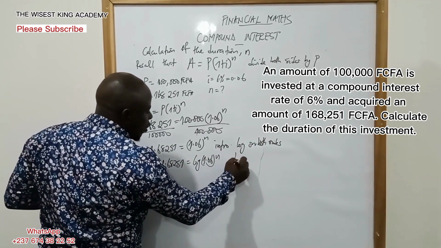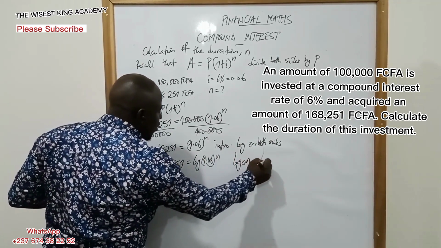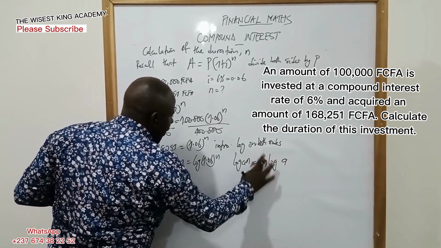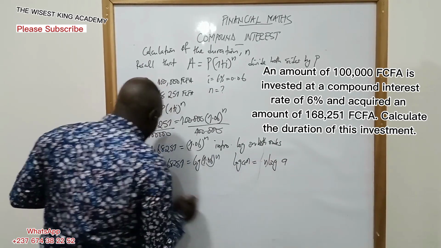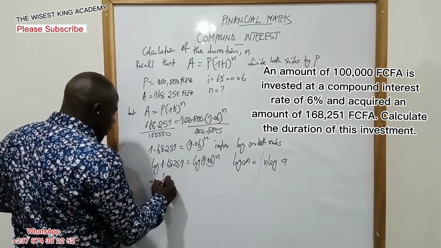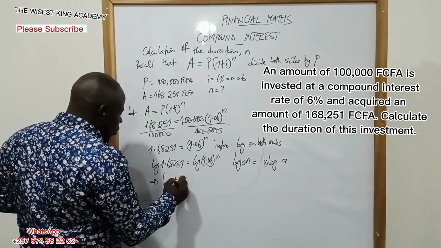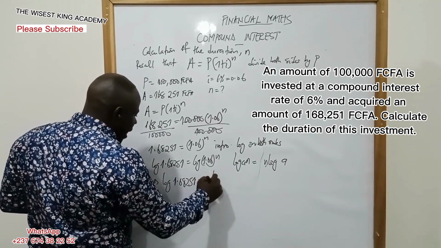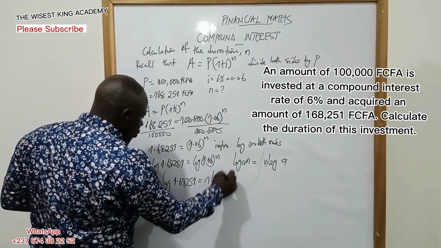Let's not forget, log a to the power n is equal to n log a. So it therefore implies that log 1.68251 will be equal to n log 1.06.